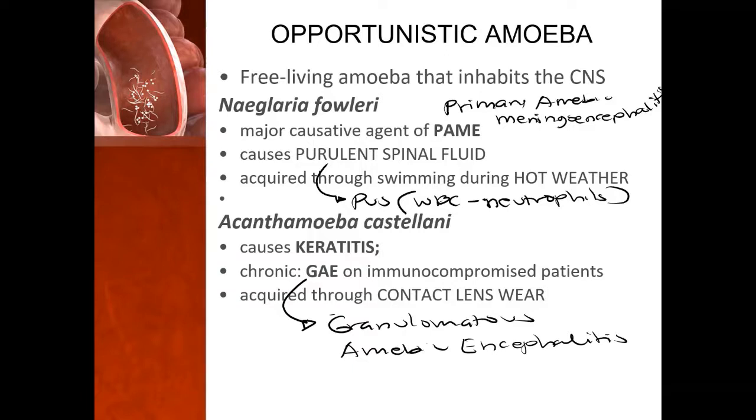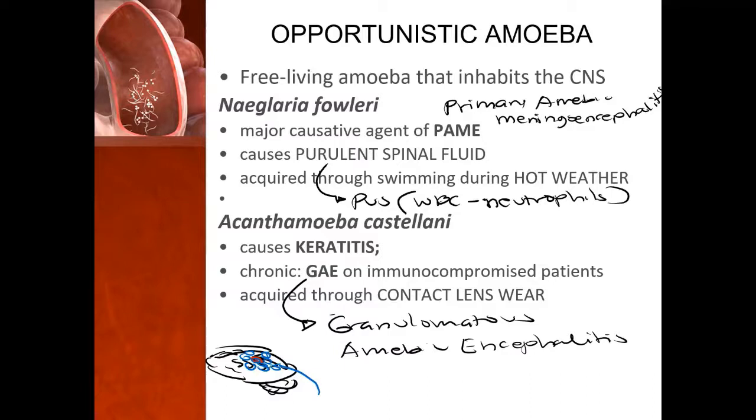In GAE, or granulomatous amoebic encephalitis, your immune system will send many WBCs to the parasite there. For example, here is your brain, and here is the parasite, let's make it red. Your immune system will send WBCs to combat that parasite.